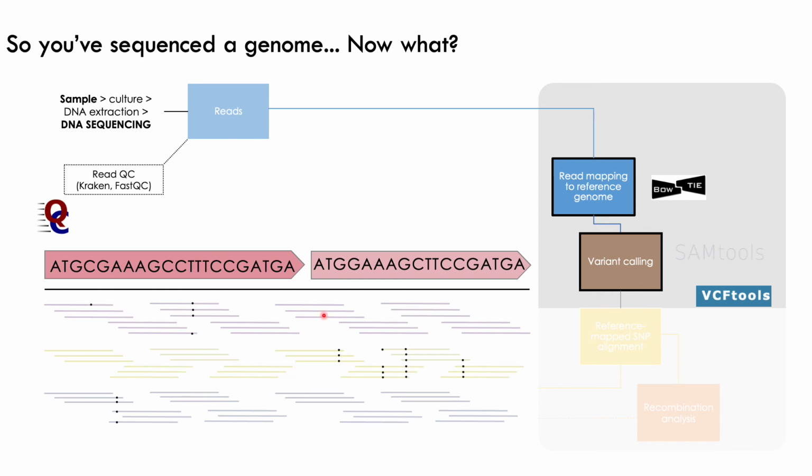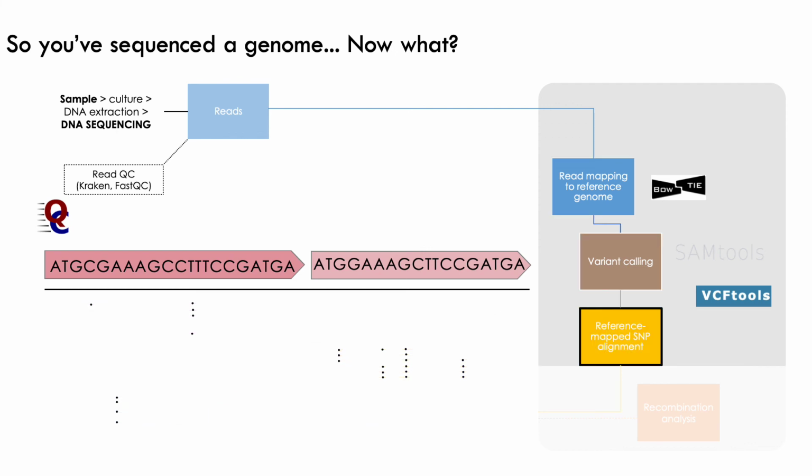So once we have added all of our read sets from all of our genomes, we can then work toward our whole genome reference mapped alignment. So this is again in contrast to our core gene alignment that we made using the pangenome tool. So where we have the reference mapped SNP alignment, as it might suggest, we're only taking these polymorphic positions.